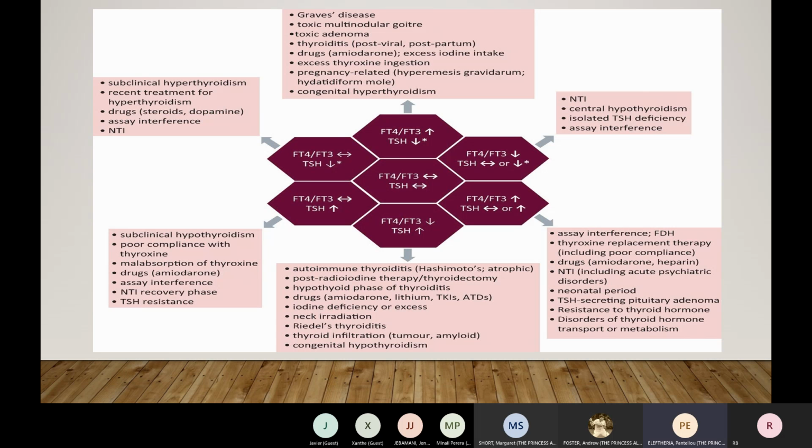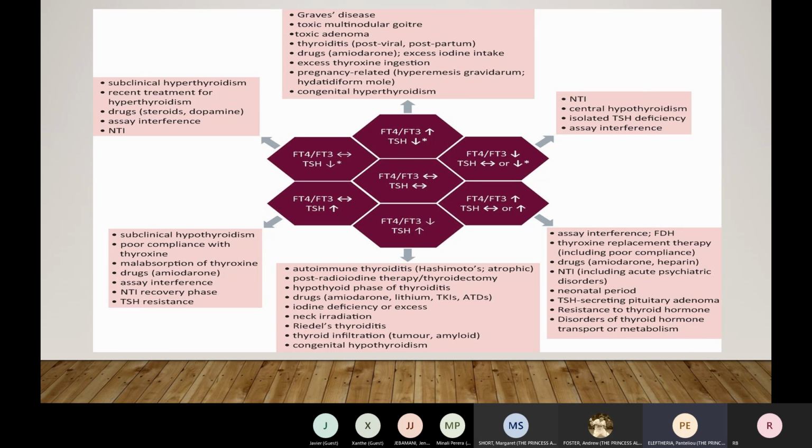The hexagon that she falls into is the right lower one, so raised TSH, raised T4, T3. The differential here is quite interesting, it's one of my favorites. So TSH assay interference, one of them, thyroxine replacement. She hasn't taken any thyroxine or interfering drugs, she wasn't on anything. Non-thyroidal illness, she's not unwell.